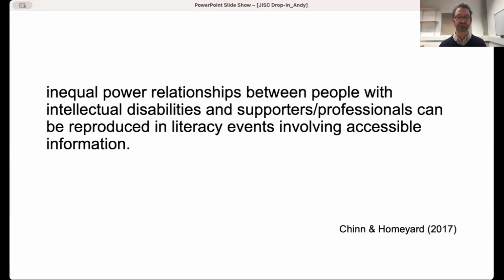And also, as Chin and Homeyard observe here, unequal power relations between people with intellectual disabilities and support professionals can be reproduced in literacy events, including those involving accessible information.